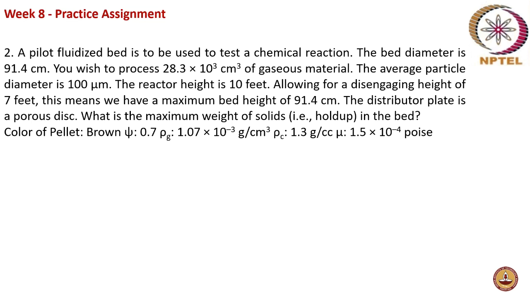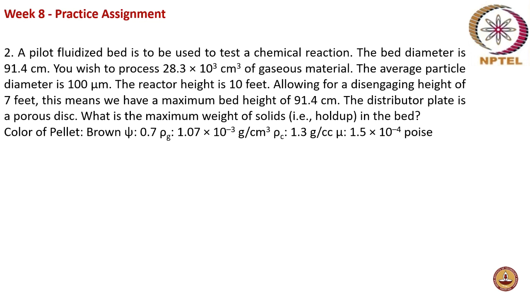The reactor height is 10 feet, allowing for a disengaging height of 7 feet. This means we have a maximum bed height of 91.4 centimeter. The distributor plate is a porous disc. And what is the maximum weight of the solid held up in the bed?